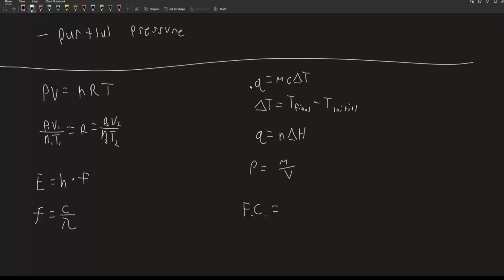Formal charge equals the number of valence electrons minus the number of bonding electrons minus lone pair electrons.